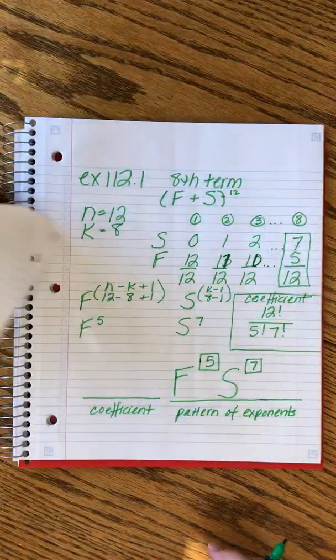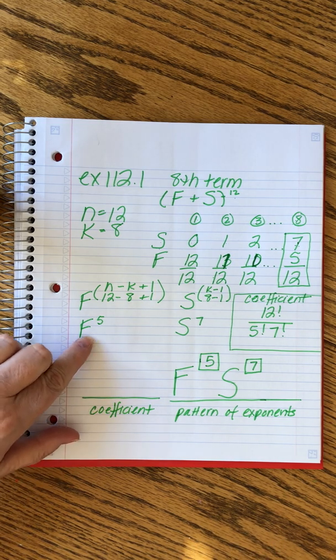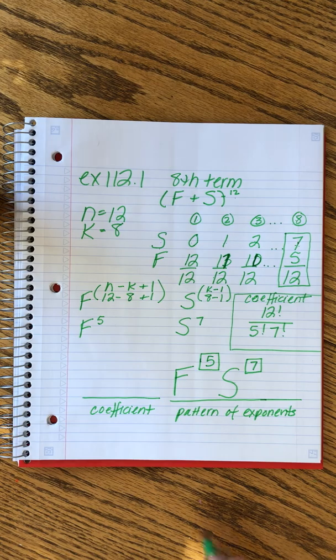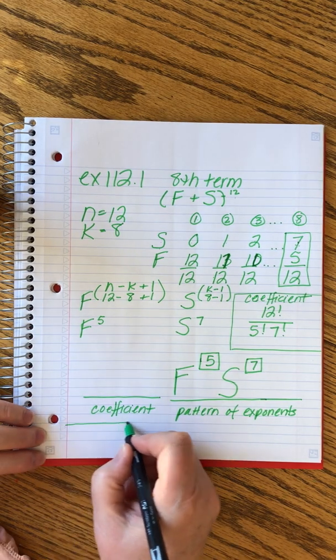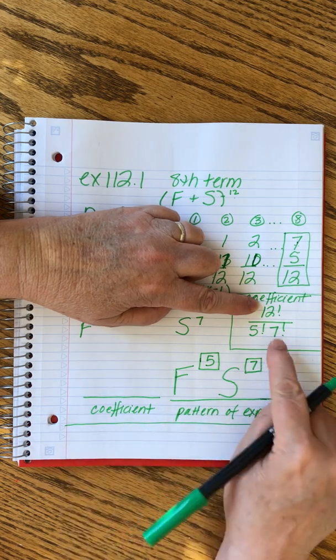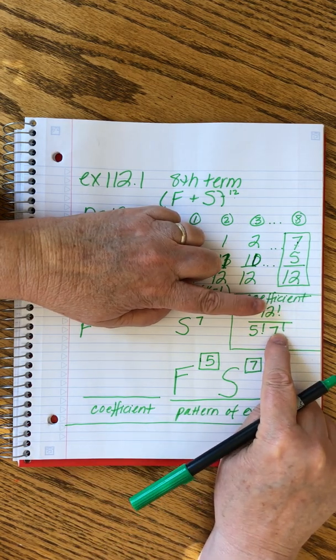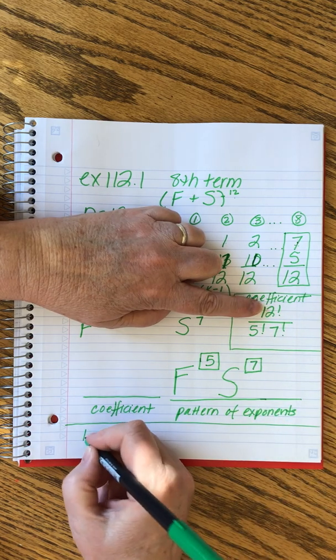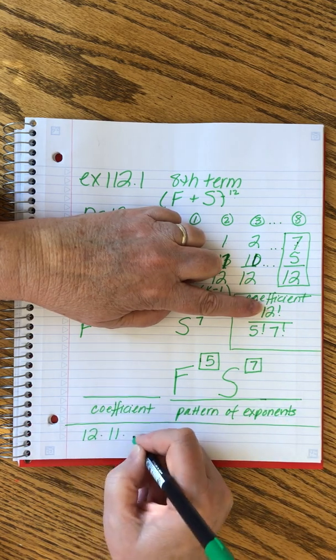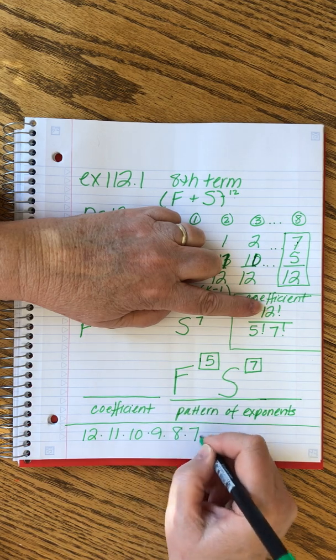If we do this, I did it by hand and it wasn't hard to simplify this. Remember that the easiest way to simplify something like this is to offset the factorial of the larger number against the top. So I'm going to write it as 12 times 11 times 10 times 9 times 8 times 7 factorial.